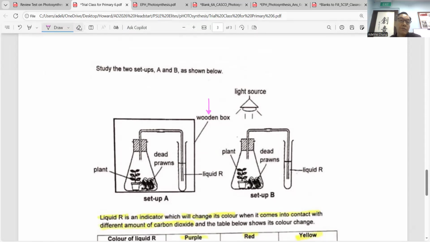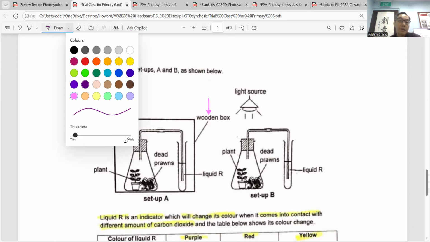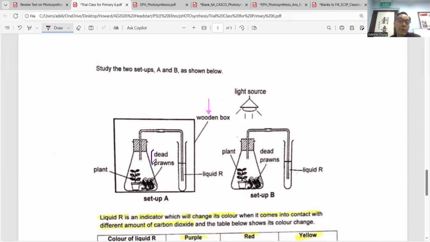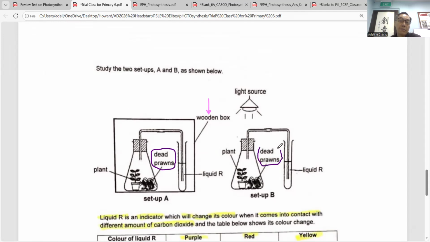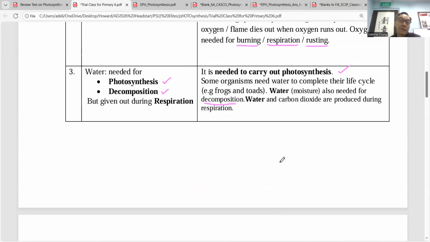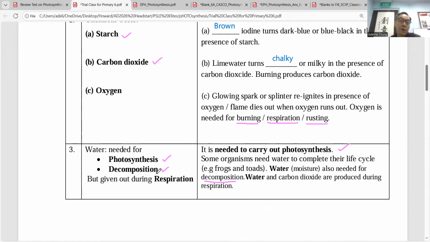Then the second thing you need to take note of, you can circle this, is the dead prawns. What do you think the dead prawns do? Remember just now, earlier on page 1, we talked about decomposition. So when organisms die, they will decompose. During decomposition, what is being released?